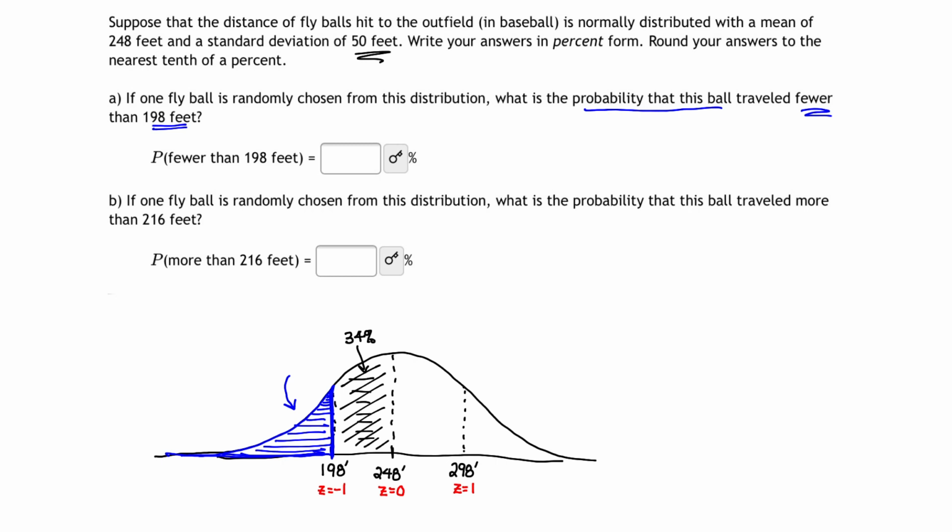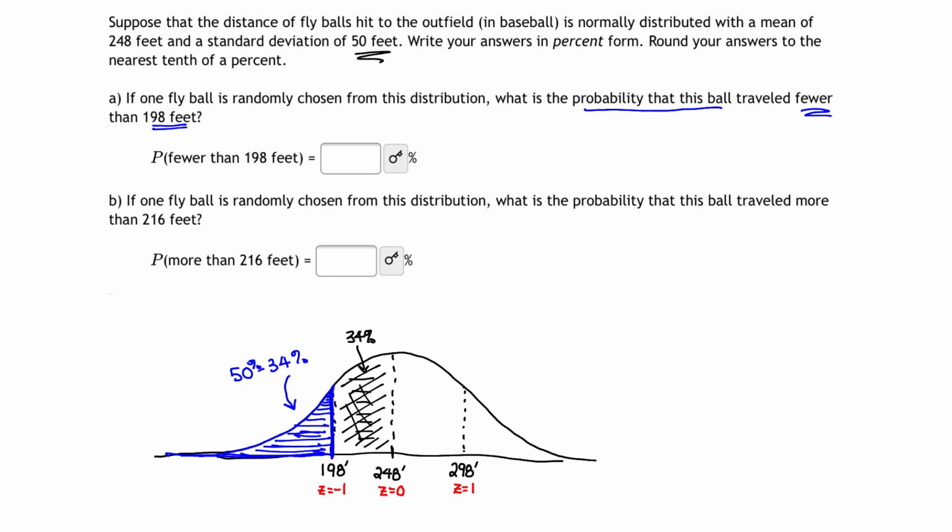Take away 34% in that black band, and that is what I use to calculate the area of the blue shaded region, right? 50% of the curve is shaded to the left of the mean.